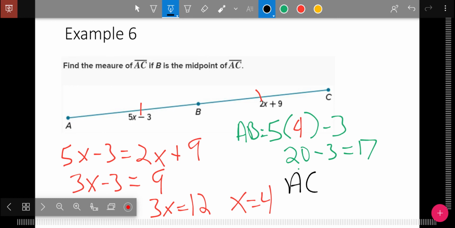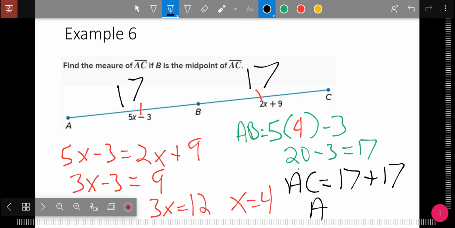AC is, if this part is 17, these two parts are equal, so this part's 17. So AC is 34. Again, solve what you can and then figure out what the question's asking for.